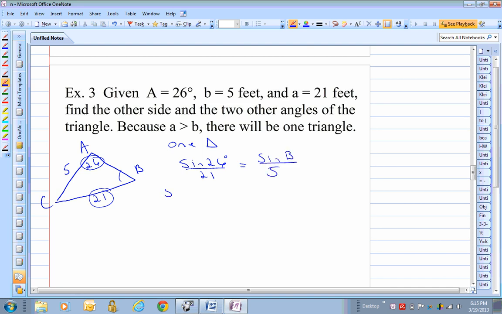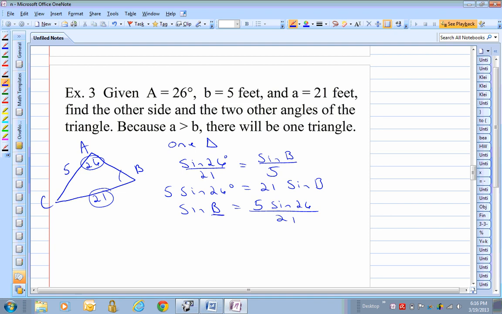Cross multiplying, you get 5 sine 26 degrees equals 21 times sine B. You can divide away 21, and you'll have sine B equals 5 sine 26 divided by 21. I flip-flopped there, sorry about that. I should have moved them to the other side.